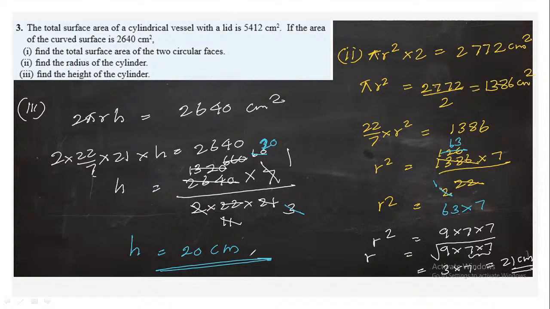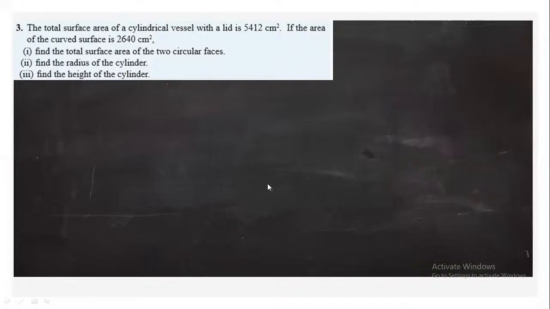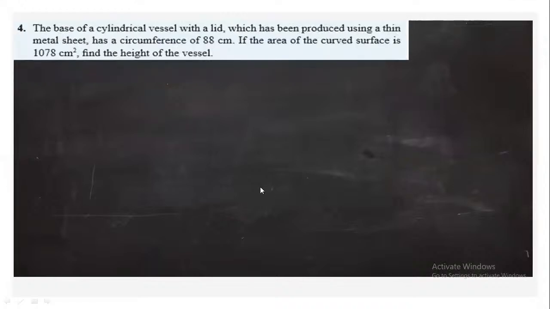Right, next question. Question number 4. The base of the cylindrical vessel with the lid, which has been produced using a thin metal sheet, has a circumference of 88 centimeters.